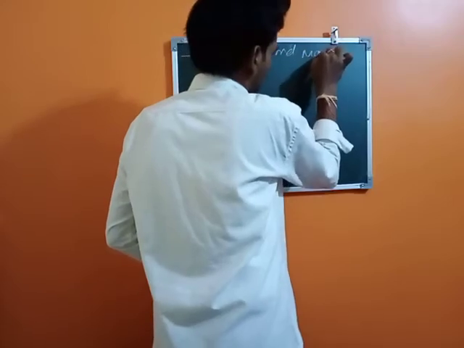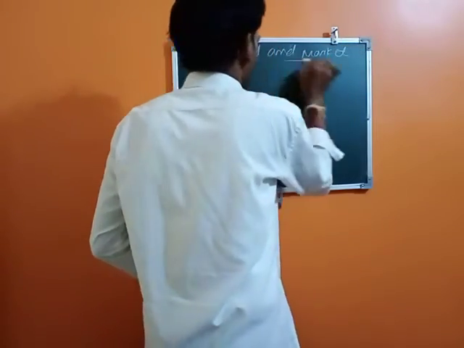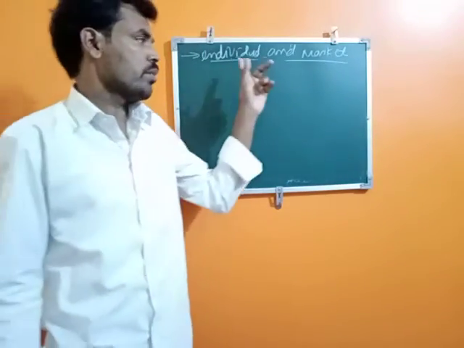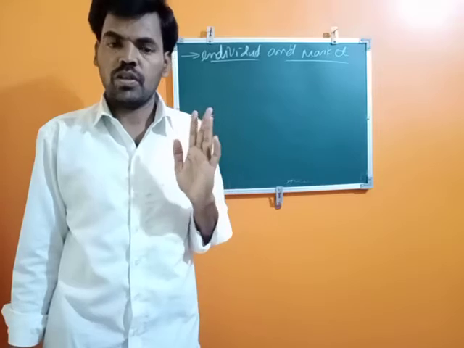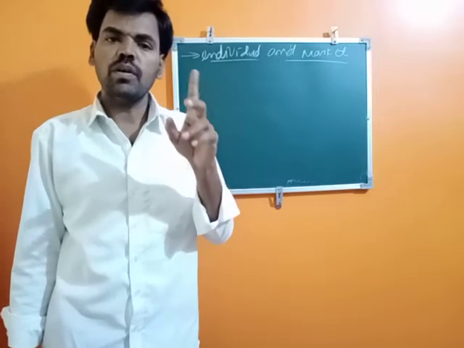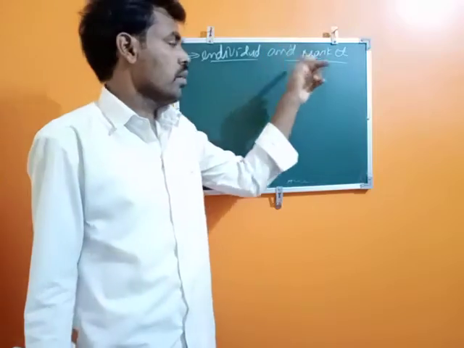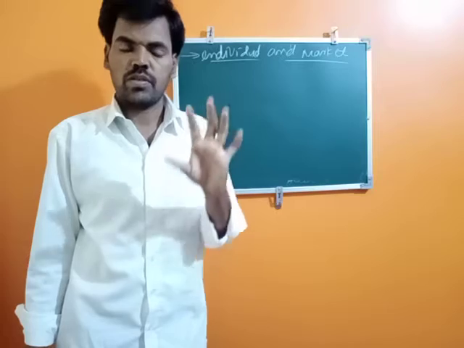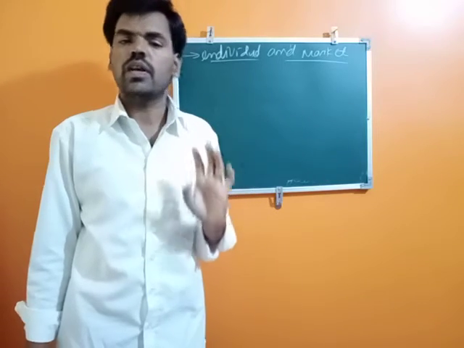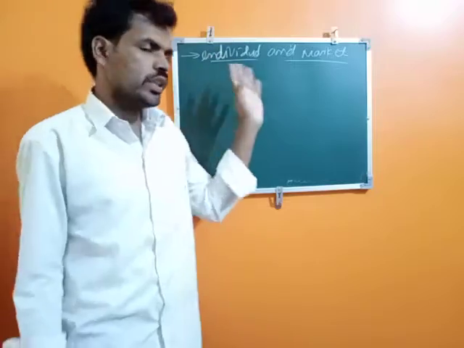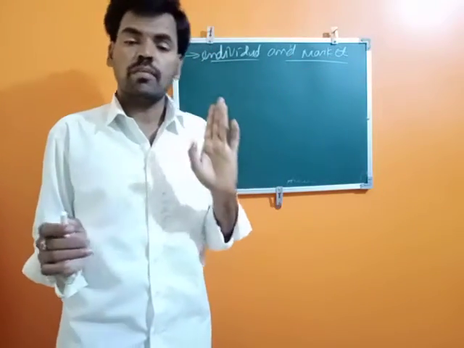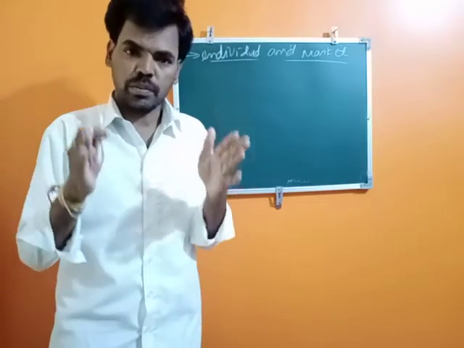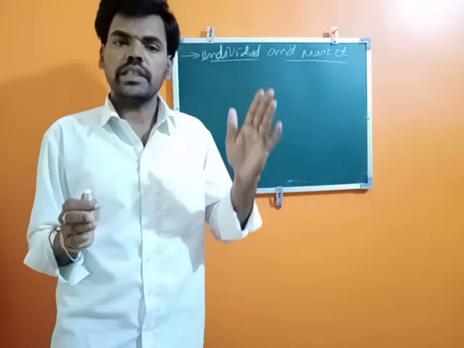As the name indicates, individual demand means demand from one person, and market demand means demand from a group of individuals. There may not be individual demand, but there will be a market demand.